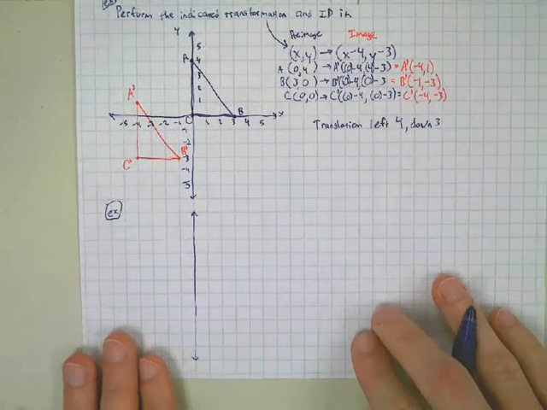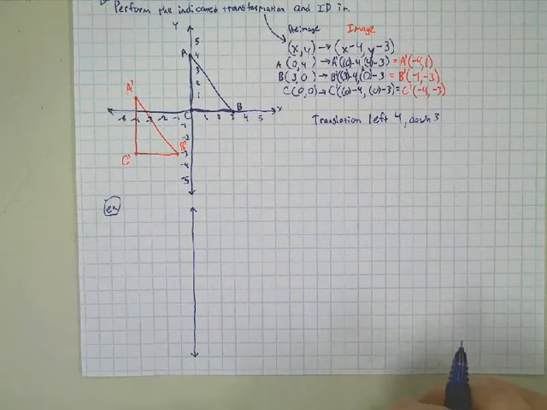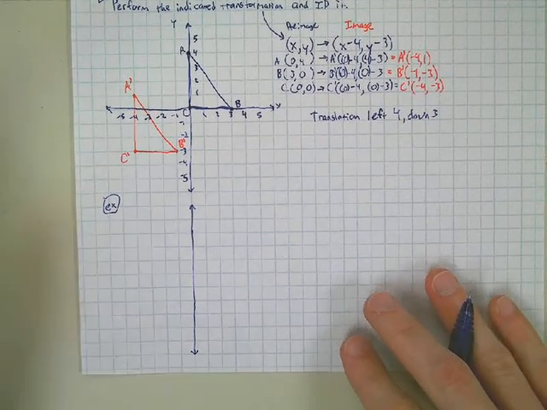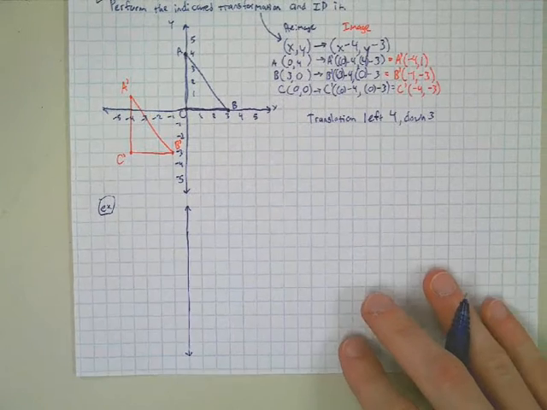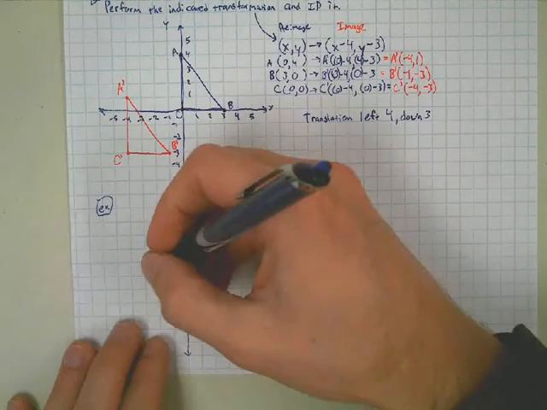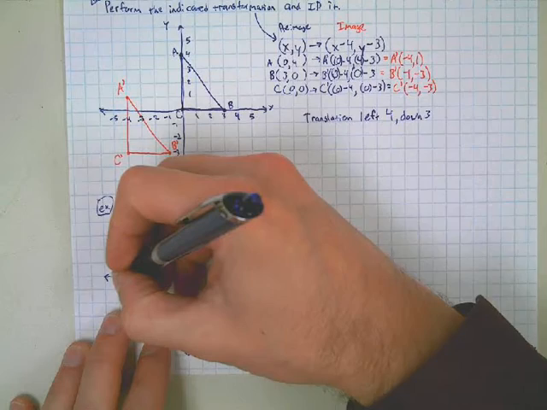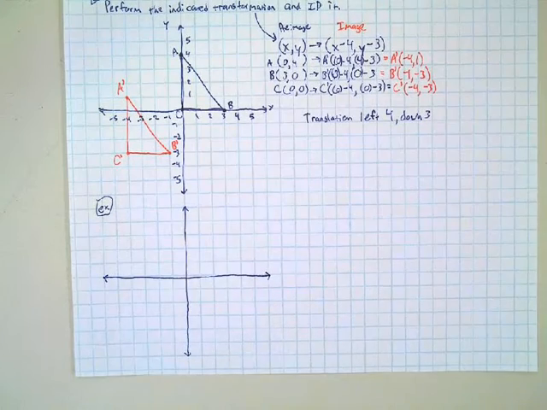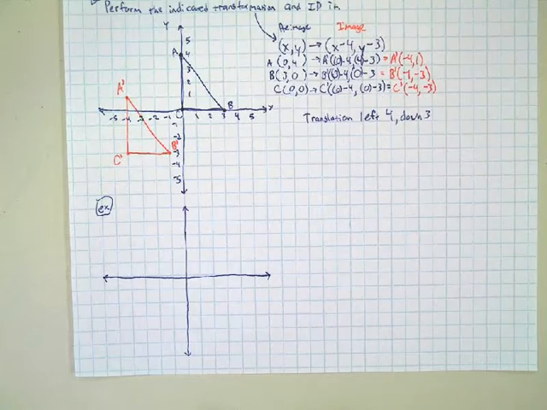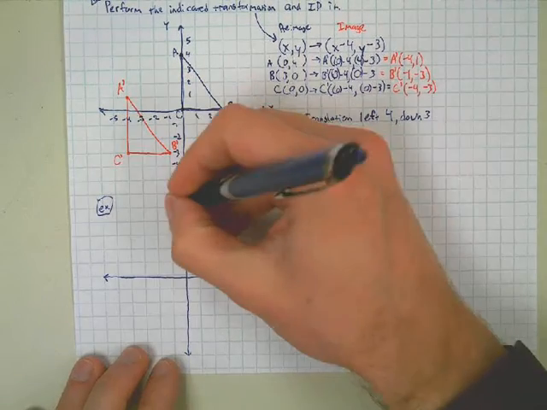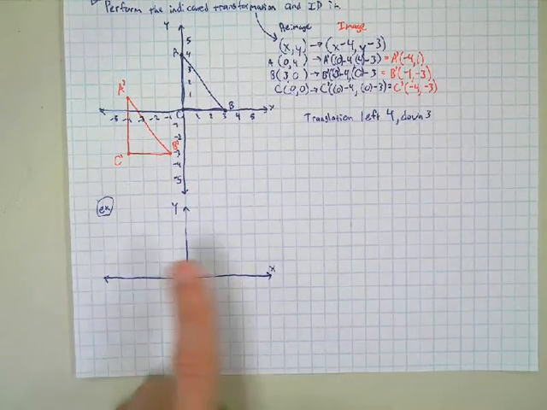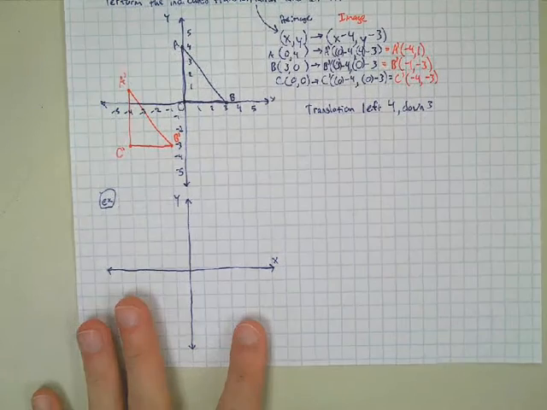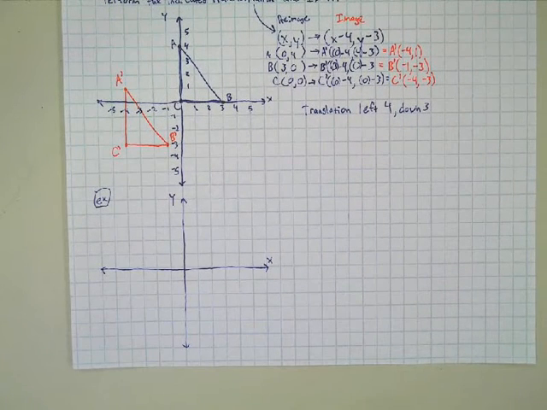Okay, so again, let's draw here. We're just going to draw some coordinates here. Don't worry about numbering these. If you don't number, I'm just going to assume you're counting by ones.